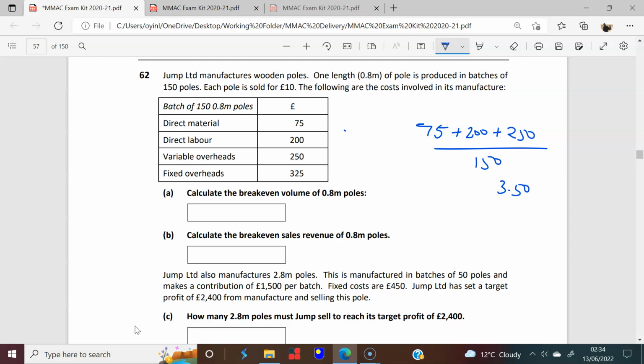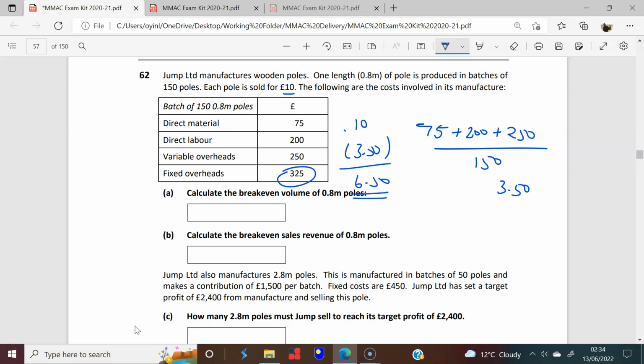So this is the marginal cost of each pole. We know the selling price of each pole is £10, and we know what the fixed overheads are. So the contribution on each pole is £10 minus £3.50, which is equal to £6.50.